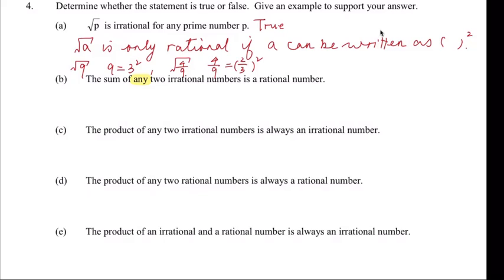Question B says the sum of any 2 irrational numbers is a rational number. In order to prove this wrong, you can just give an example where the sum of 2 irrational numbers is irrational. So for example, square root of 2, that's an irrational number, plus pi.